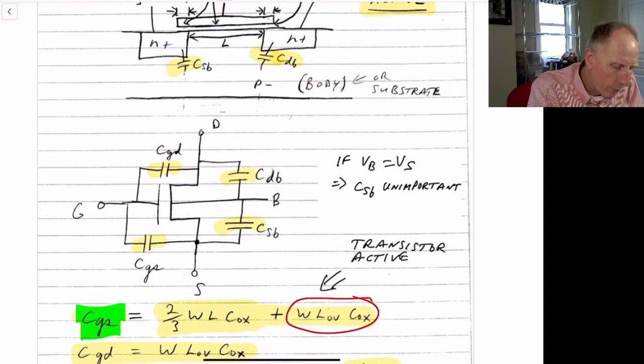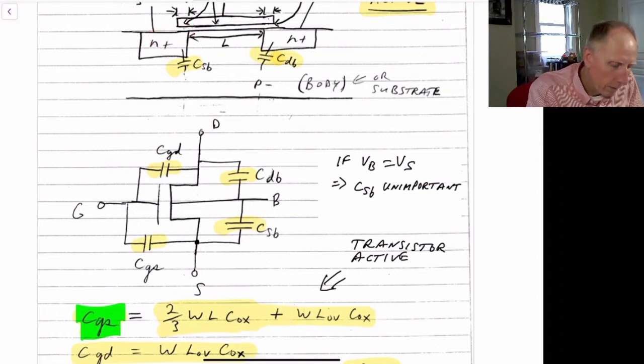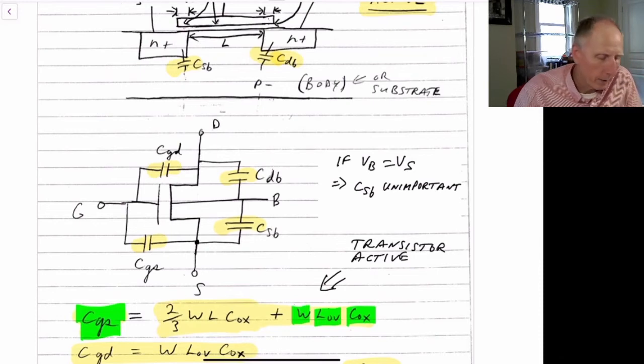This part accounts for the overlap at the source region here. So if we're looking right here, it's this small overlap part, and that will be the width times the overlap length times Cox.